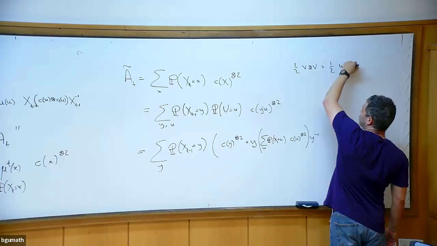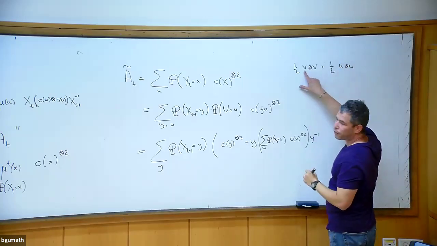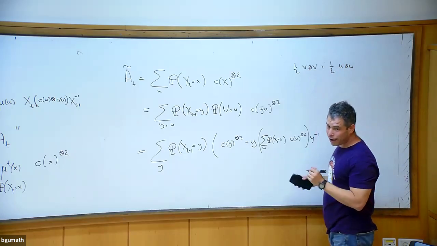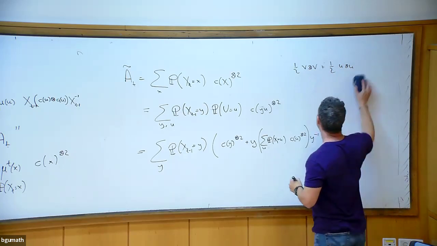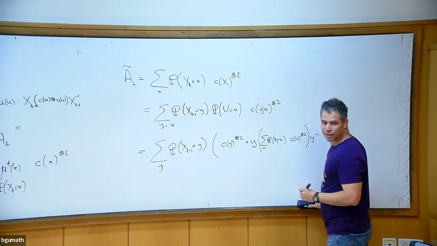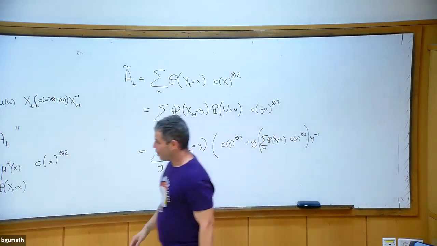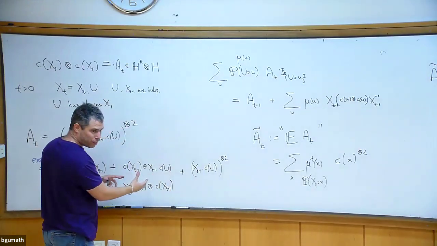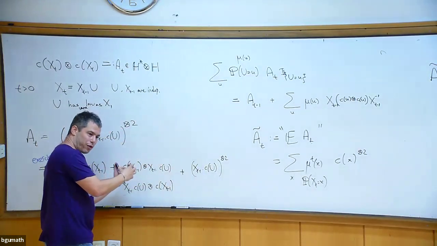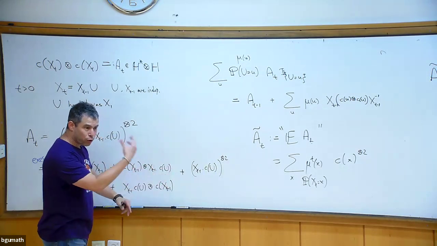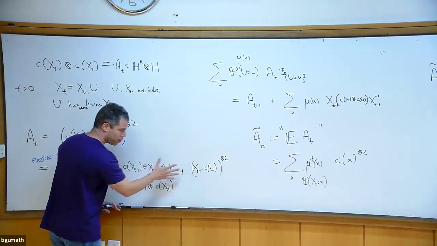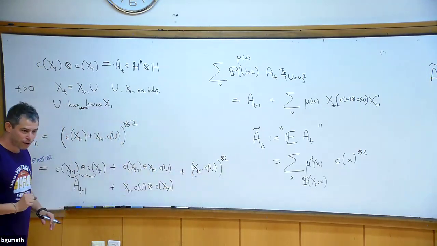U is not fixed. I cannot write this as half v plus half u tensor. Sorry, it's a square, it's not linear. Here we got 0 because x_{t-1} was always fixed. What you should imagine is you're averaging over x_t, but you can split that average into the average over x_{t-1} and the average over u. U is independent from x_t, so the average over u pushes inside, kills the cross terms, and you're just left with the two others.